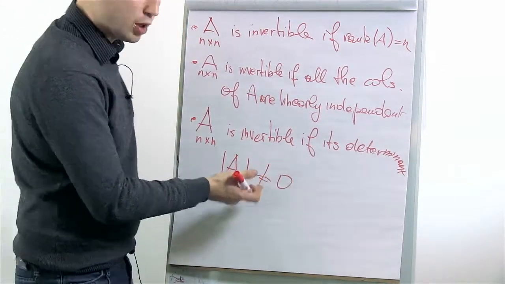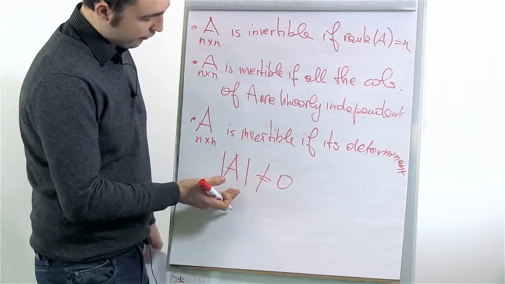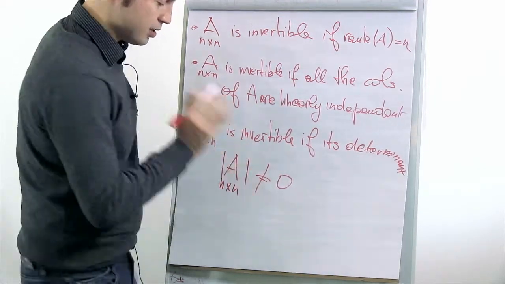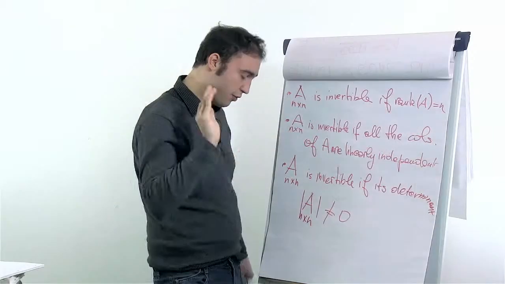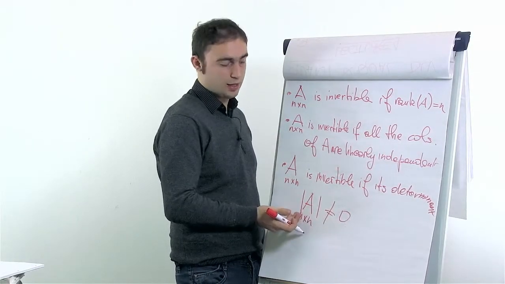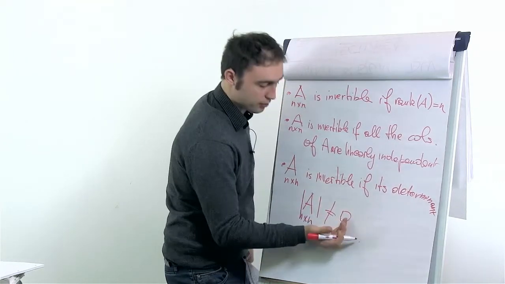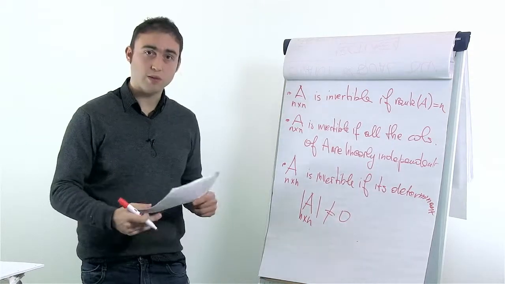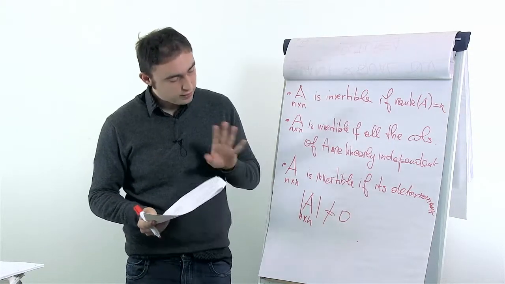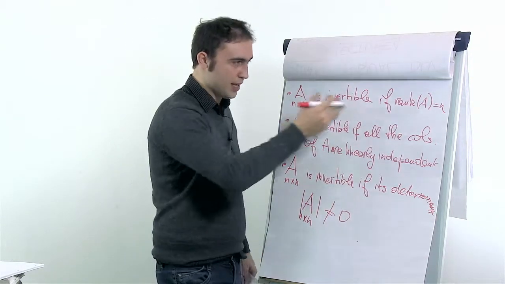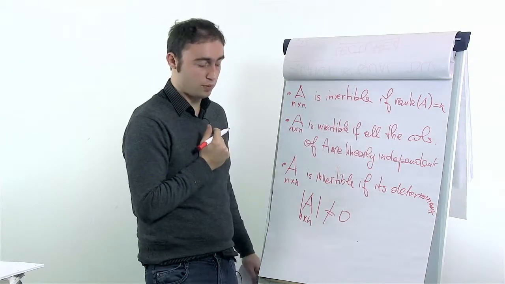Then, for example, if we want to check if the matrix A is of full rank, we just need to calculate its determinant and find out if it is different from 0. It is another approach to understand if the rank of A is equal to n, then A is invertible.